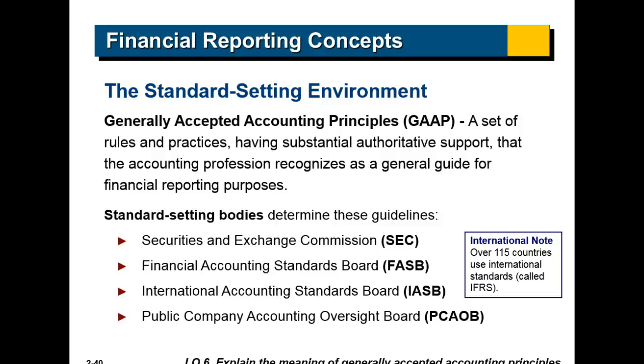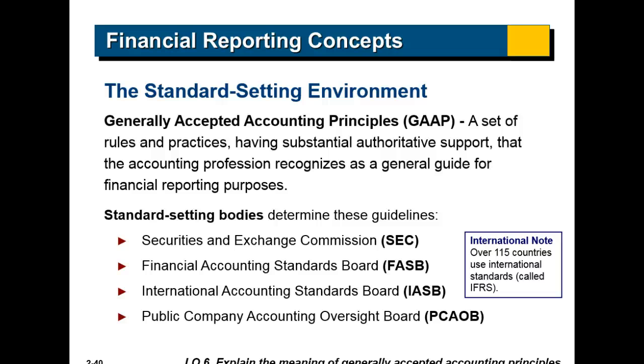The SEC runs the stock market, the Securities and Exchange Commission, and they have some guidelines that are important to adhere to. The FASB, or the Financial Accounting Standards Board, is another body that sets guidelines. There's the International Standards Board and the PCAOB. The main one I want you to understand is that generally accepted accounting principles are adhered to, and everyone needs to follow them.